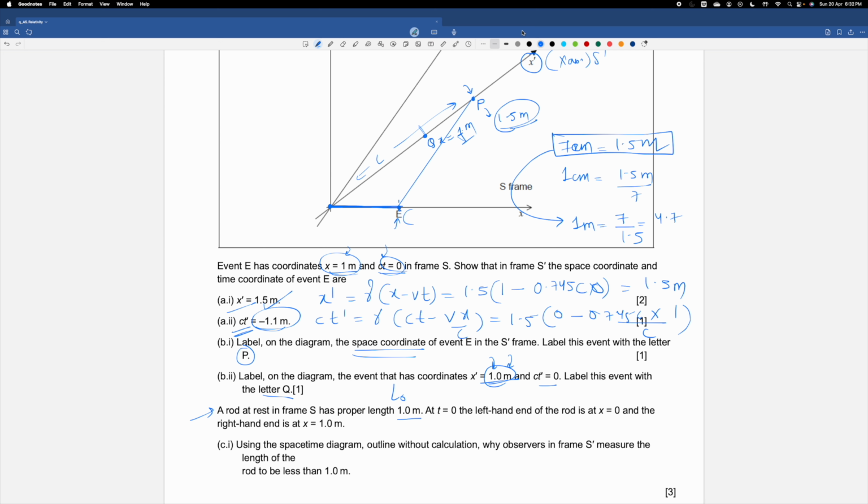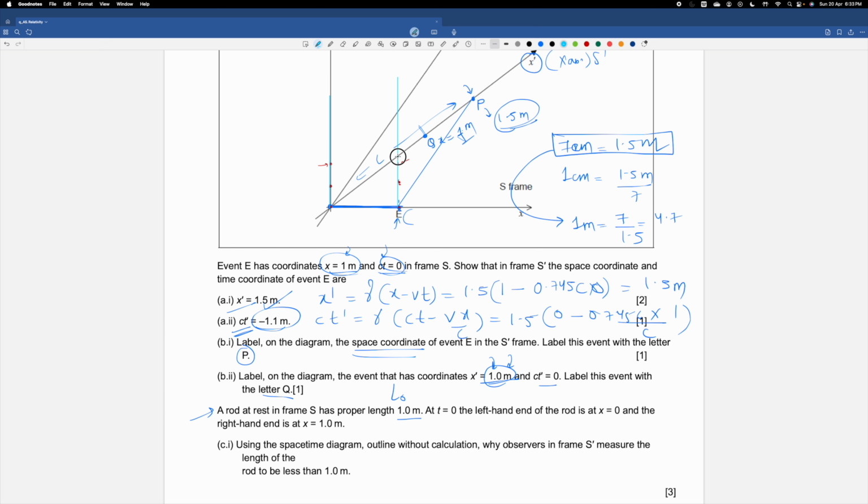Keeping this in mind, that means if he is measuring the first end at this ct time period, he has to measure the other at the same ct time period. That means the possible coordinates are going to give you a world line which is perpendicular to your time axis, right?